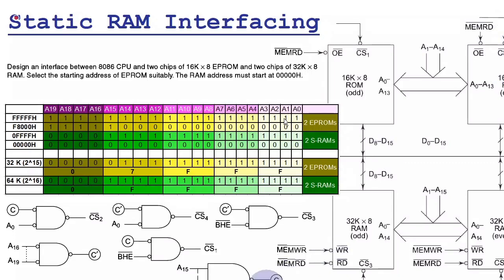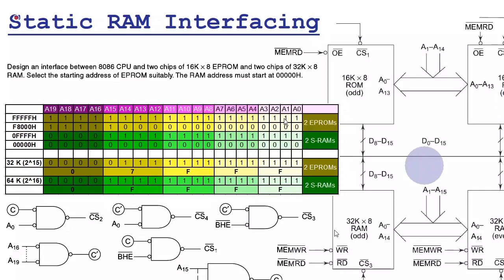But that is not the full story. When should this even ROM get activated? It will be activated when the A0 signal is 0. Only in that case should it be activated, so this signal will be equal to 1.